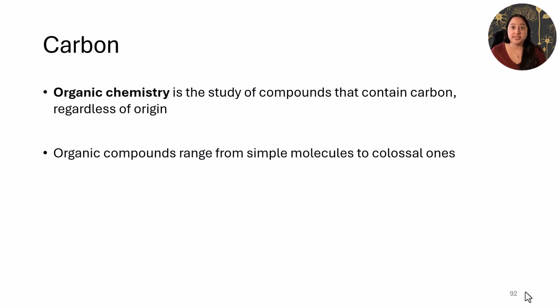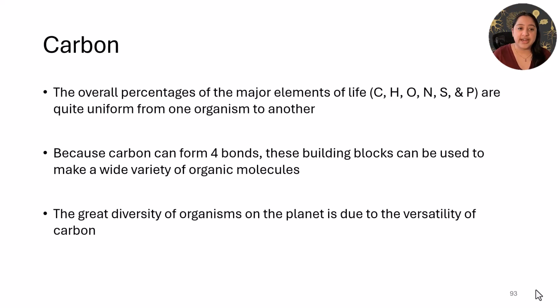So as mentioned in the first part, the overall percentages of the major elements of life: it's a lot of carbon, number one, then hydrogen, oxygen, nitrogen, sulfur, and phosphate.